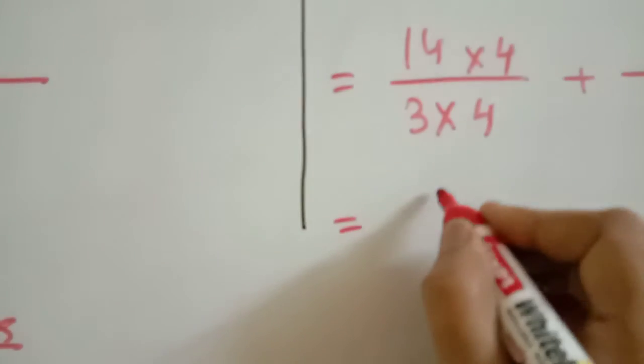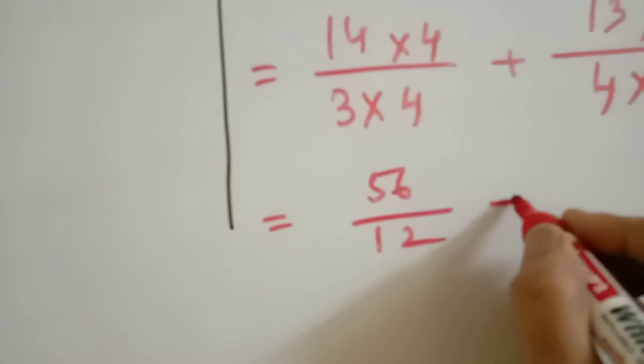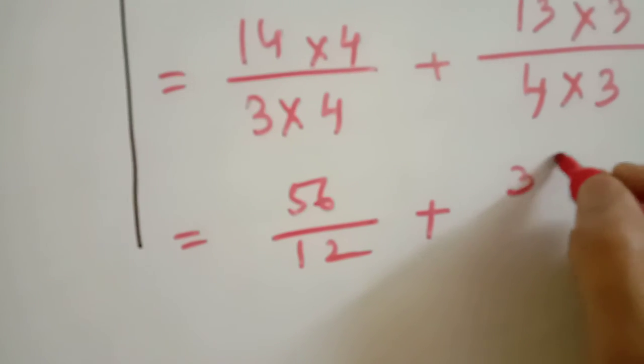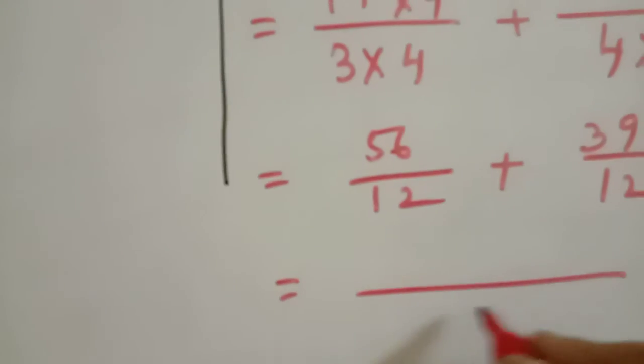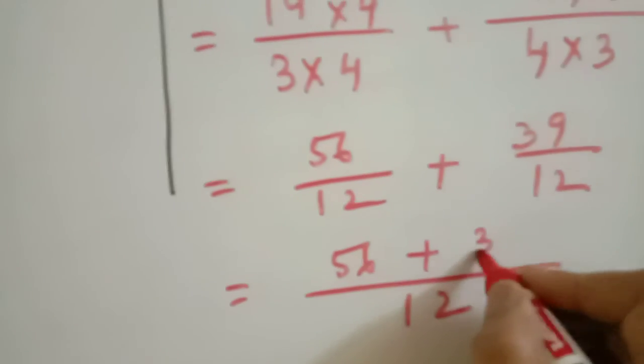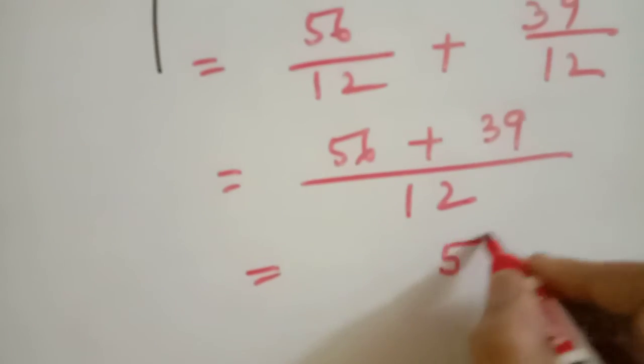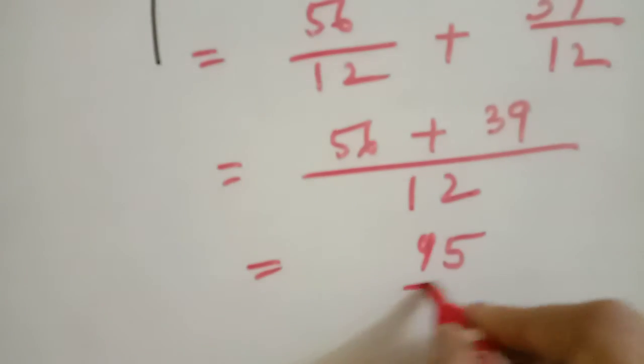Now what are you getting? 56 by 12 plus 39 by 12. The denominator is 12, 56 plus 39, 9 and 6, 15, 1 carry 4, 95 by 12.